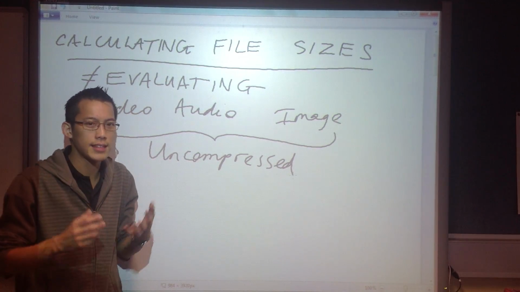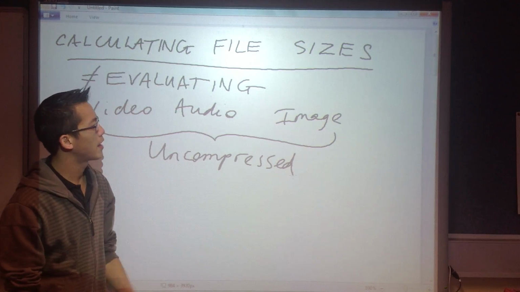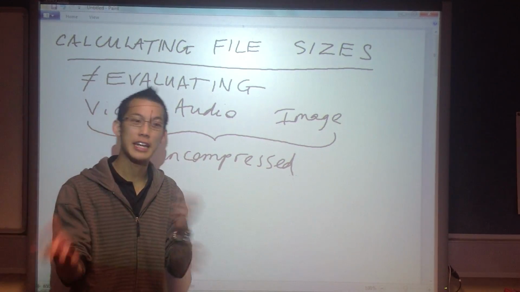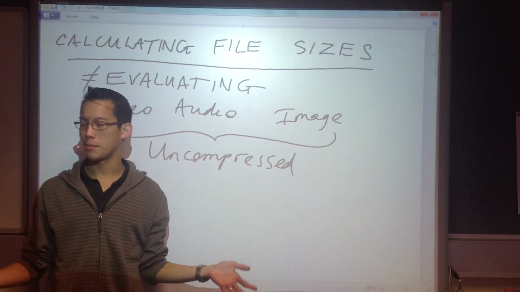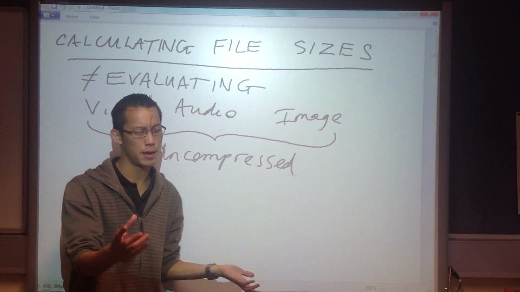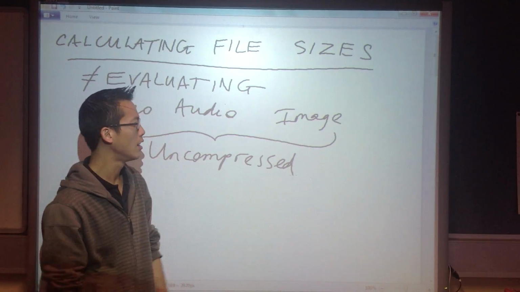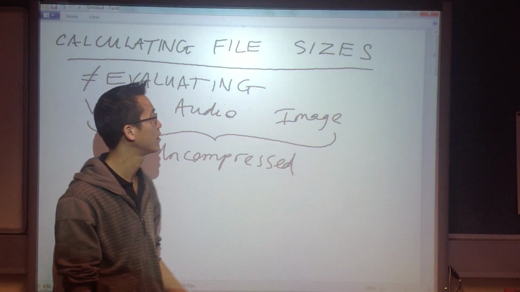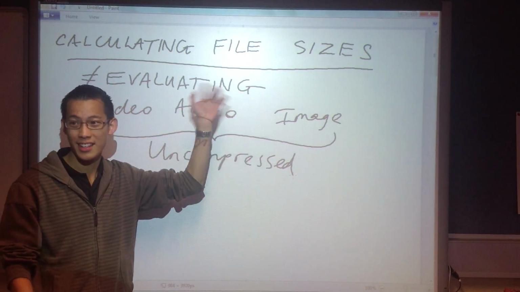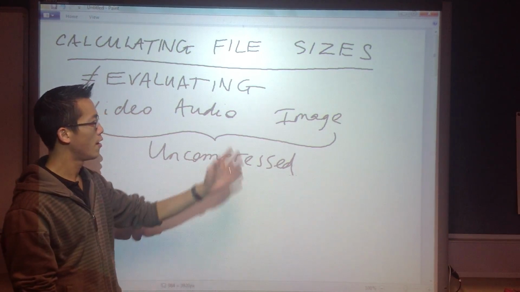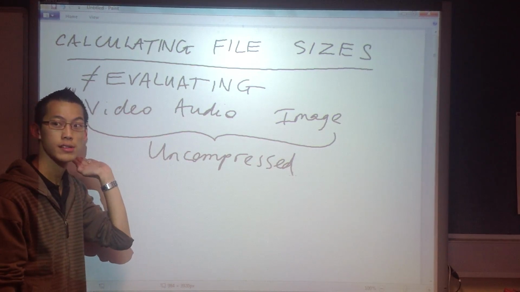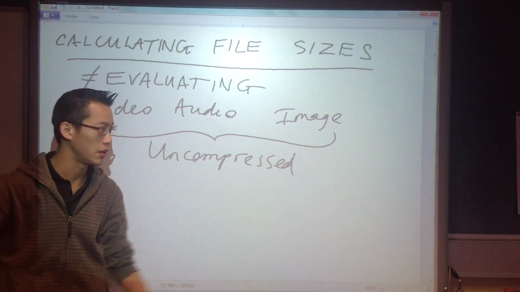It's worth noting that for something like MP3, an audio type of compression, it's generally about a 1:10 ratio. So if you had a 40 meg WAV file, that'll usually come out to be about a 4 meg MP3 file. But estimating compression doesn't really come under this heading. This is just working out precisely the size for a bitmap image or a WAV file or an uncompressed video. So the numbers tend to be pretty huge.